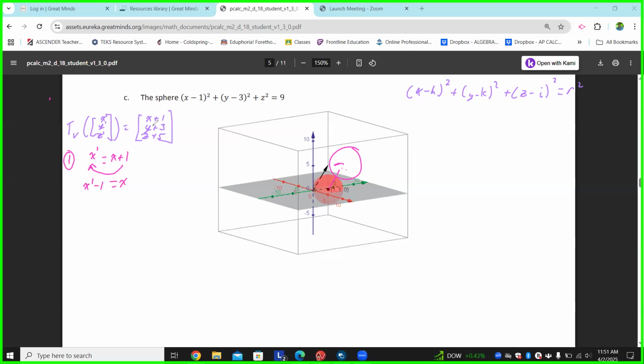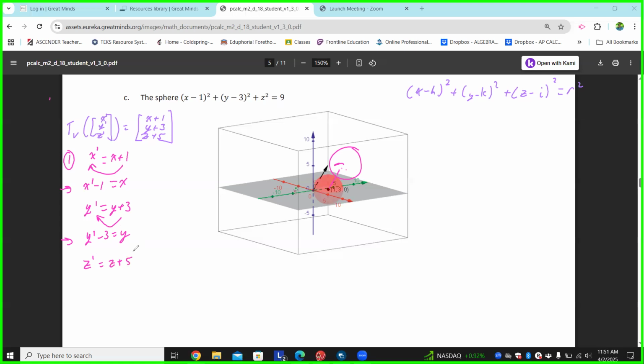Then we do the same thing with the next one. Y prime equals Y plus 3. How would I find the old point? Subtract the 3. So now I get Y prime minus 3 equals my Y. There's my second equation. Now we just have to do it with Z. Z prime equals Z plus 5.